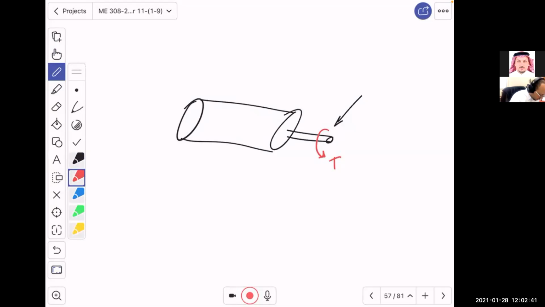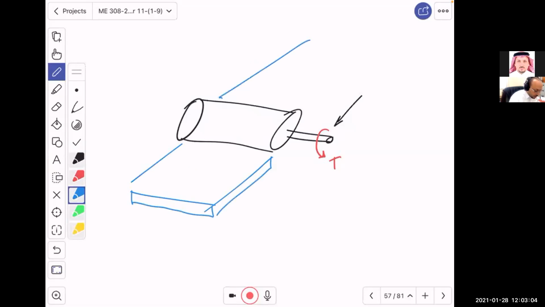Now, I unintentionally assumed that the material is coming from here and getting out from here, but it's actually not. The material will come here, with this thickness, for example, and then it will be squeezed from the other end like that.